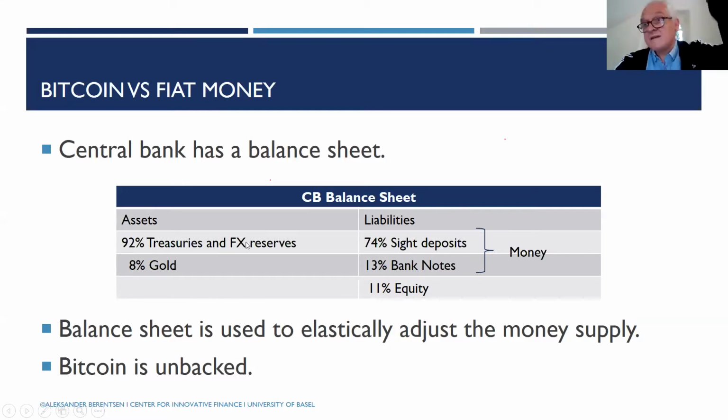This is a balance sheet extension. Or they go the other way around: they sell assets and buy the currency back, so they shrink the amount of currency in the system. But in order to elastically adjust the money supply, you need a balance sheet. And Bitcoin has no balance sheet.